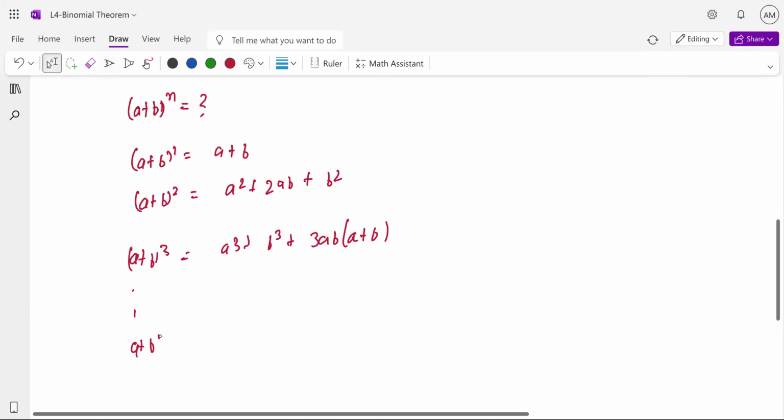What is a plus b to the power n? Look, what you have to do is start by choosing nC0. n is basically the highest power, and then you can remember or guess the rest. I have to take a or b, whatever you want to put first.